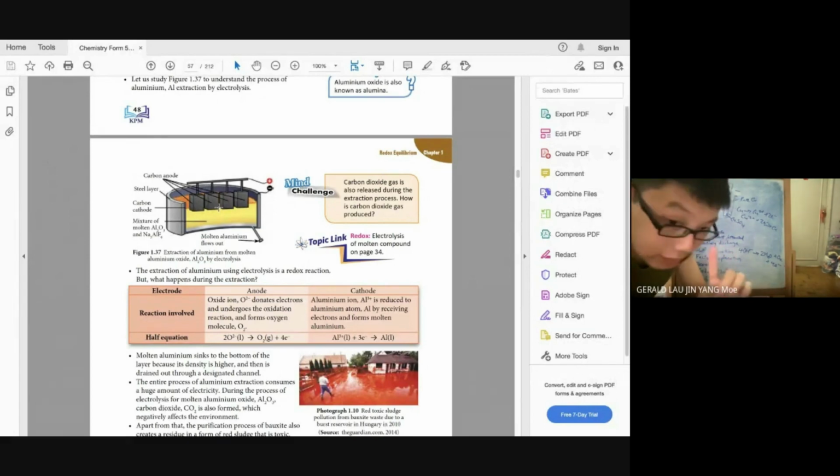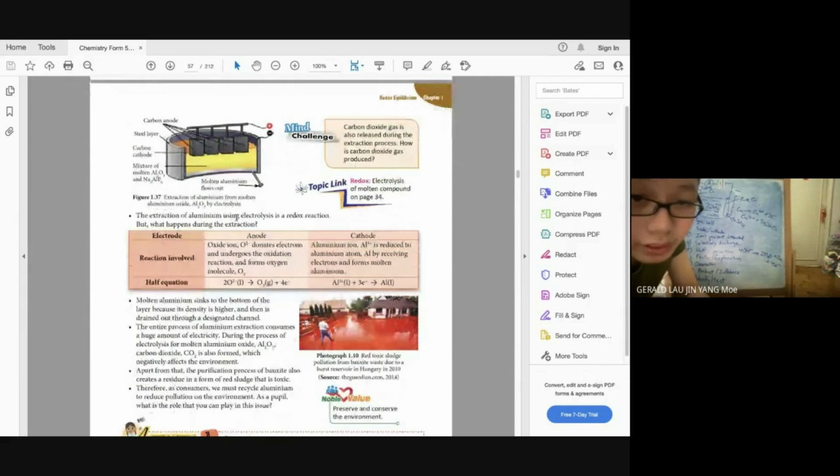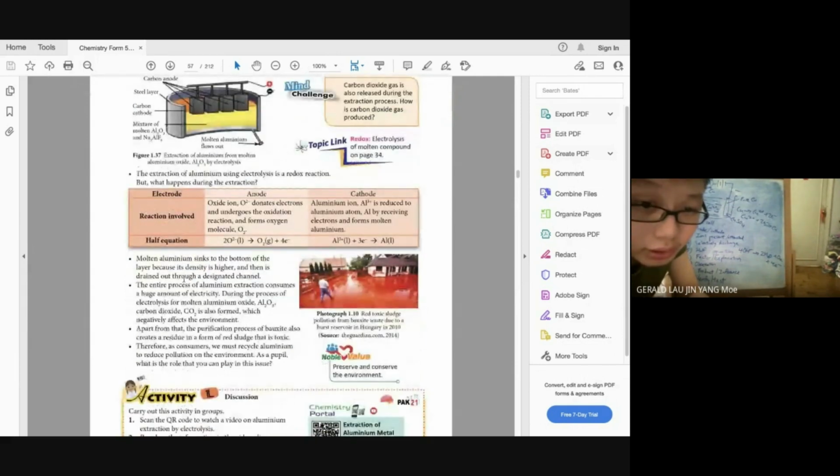It is a cation, it is positive. So when a cation is positive, it will be attracted to the negative cathode, or the wall. That's why it will sink to the bottom. Then it flows out, molten aluminium flows out. Okay, whereas the oxide, everything will be attracted to the anode. Okay, so this is a hard equation, you can read it yourself.